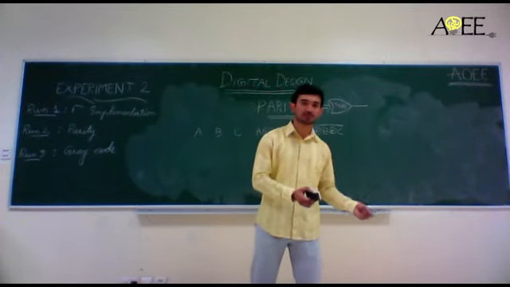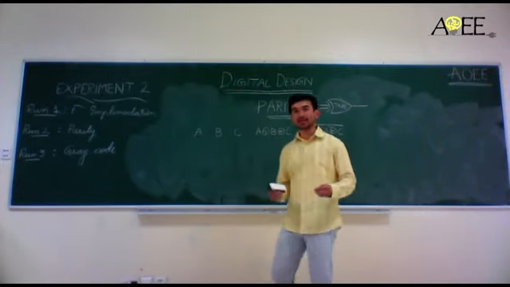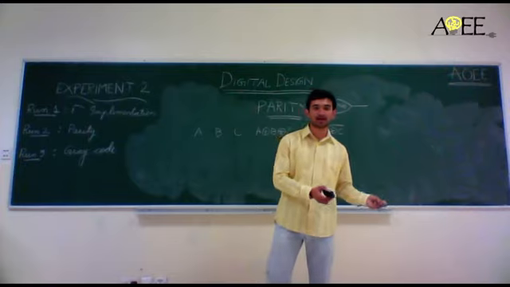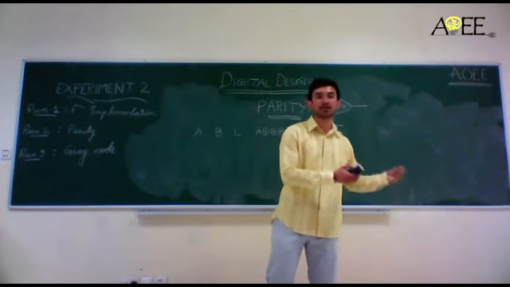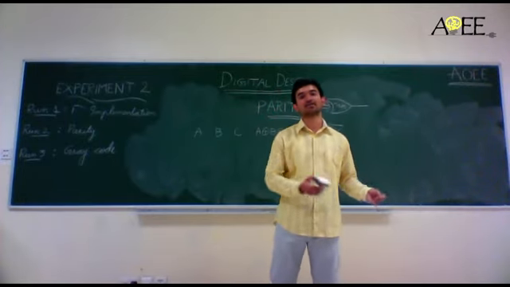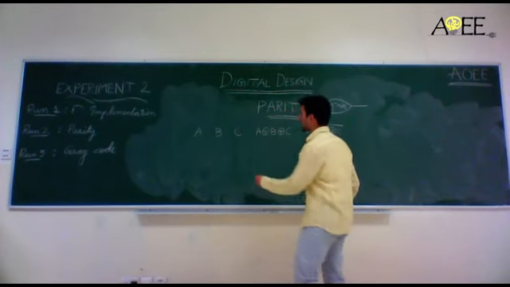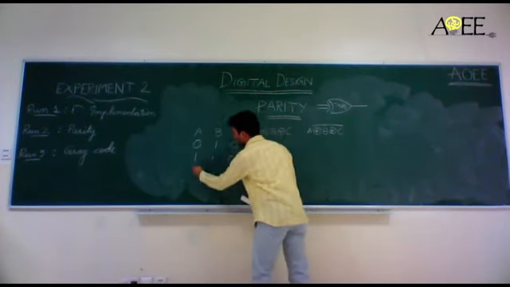If it is an even number of highs, then the output is low. The same is true for even parity. Even parity means if an even number of inputs are high, then the output is high, and if an odd number of inputs are high, then the output is low. We'll discuss that. So suppose we take any combination.